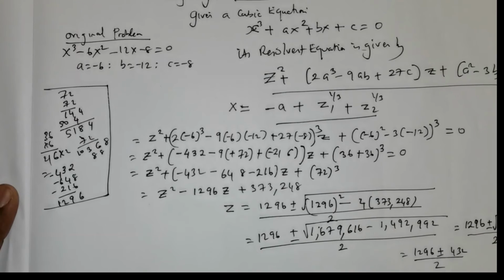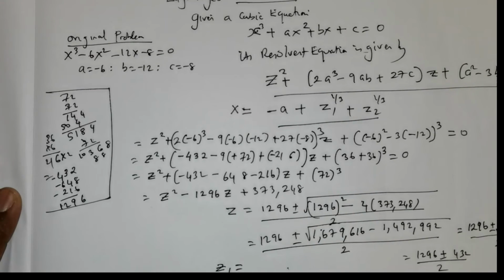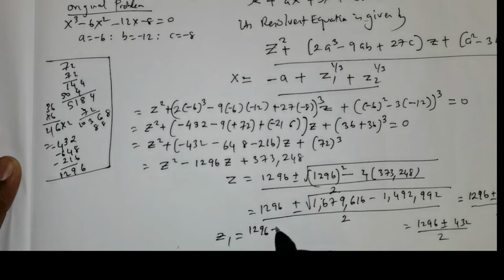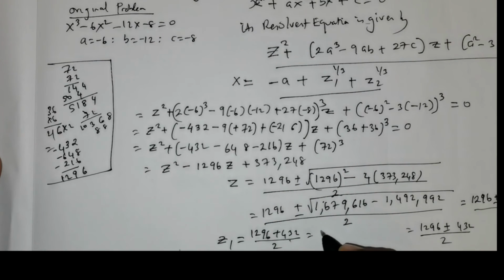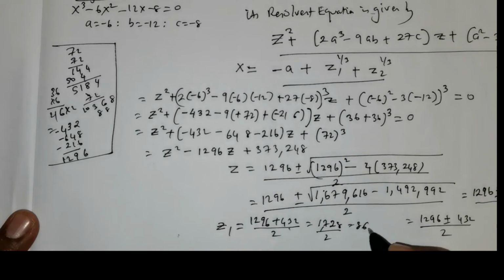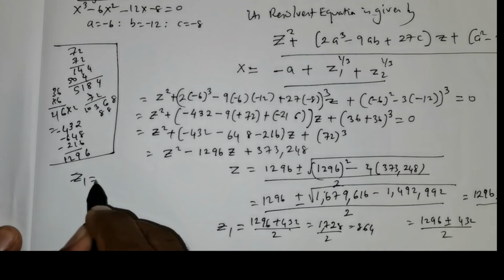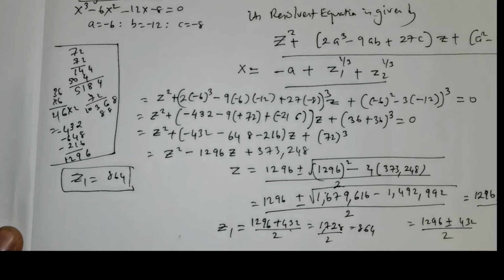So if we simplify this, we would have two z's. z1 will be equal to 1296 plus 432 divided by 2. So that's going to be 1728 divided by 2, which is 864. This is one z value.